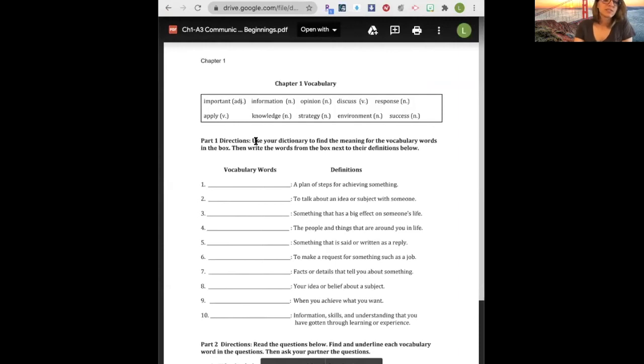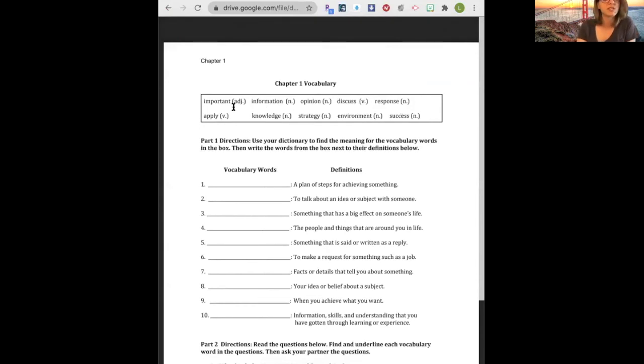The directions say use your dictionary. You can use dictionary.com to find the meaning for the vocabulary words in the box. So important, information, opinion, discuss, response, apply, knowledge, strategy, environment, and success. It also tells you the part of speech.